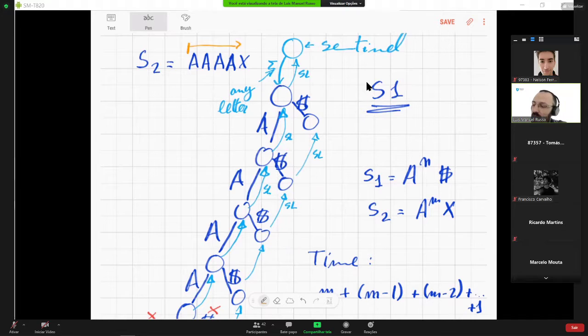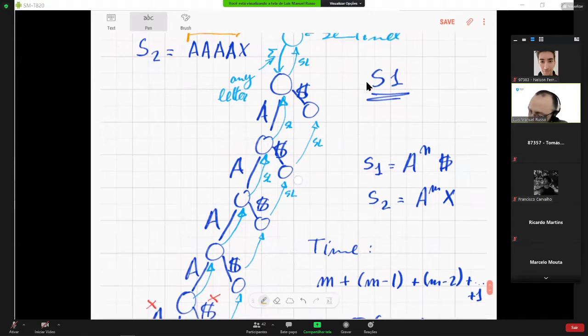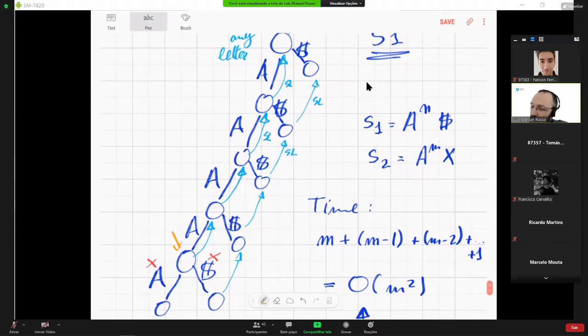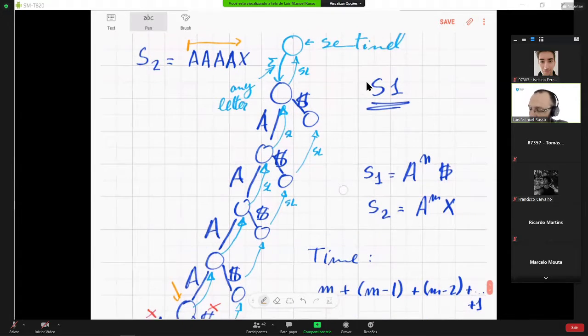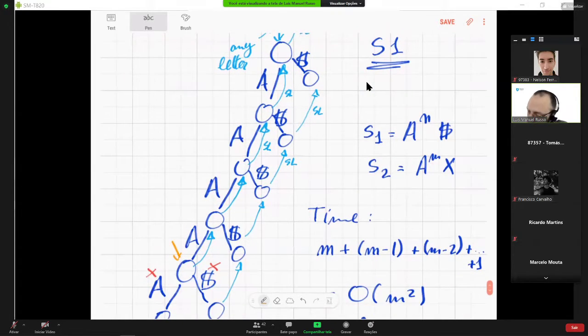I'm able to read the 4 A's, so I get to this node over here, and then I cannot read the X. So instead of restarting at the root, I just use a suffix link and go here, okay? And again, I try to read the X, and this time it fails again. So I follow another suffix link and I try again, and so on and so forth, okay?